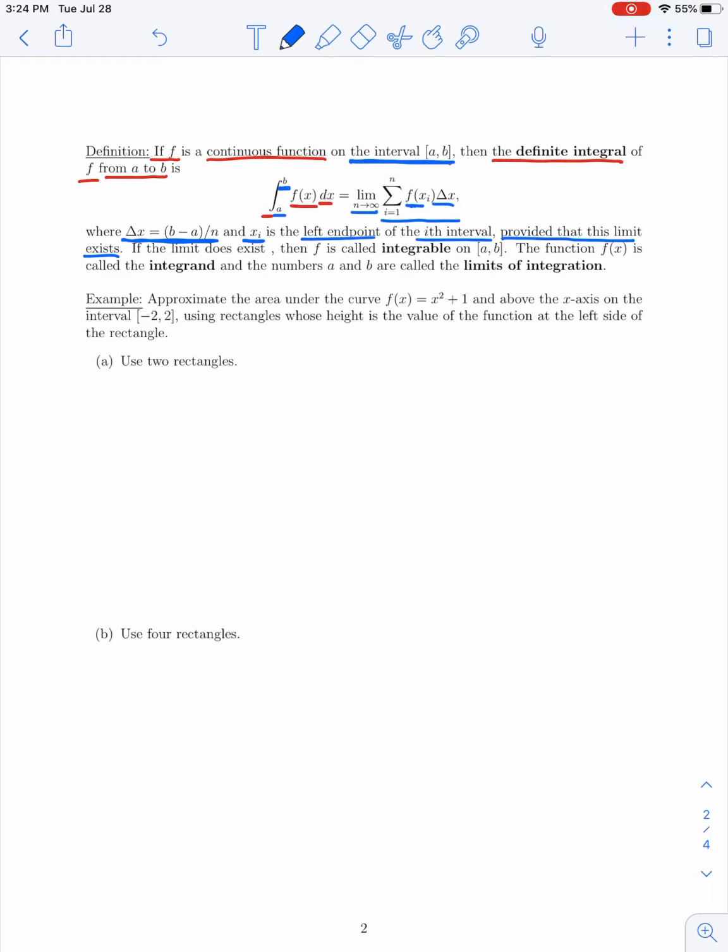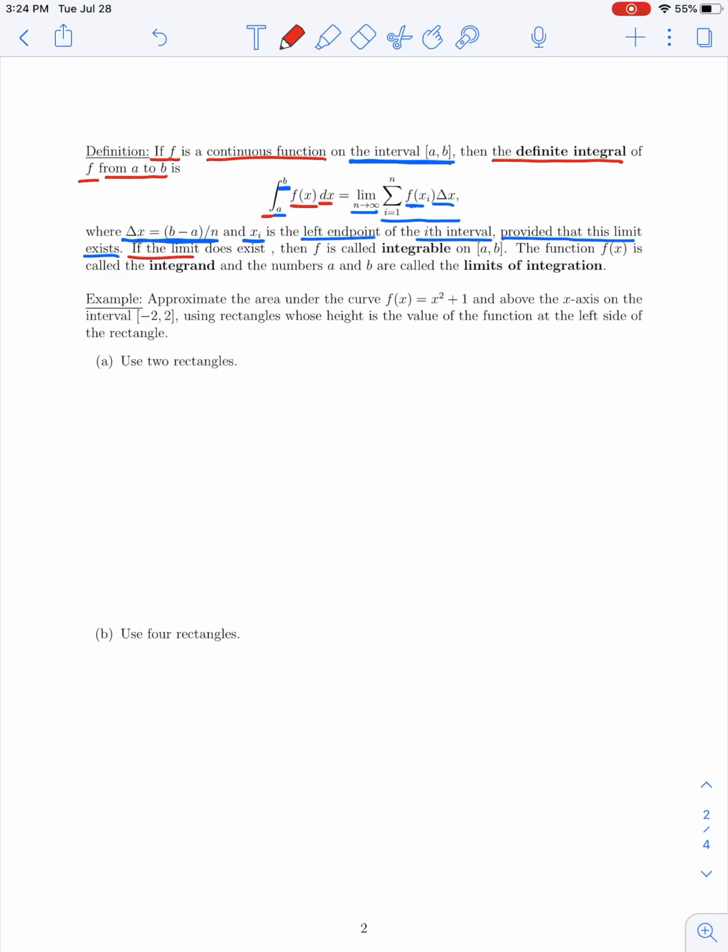So we now have a definition of the definite integral of a function from a to b, which represents the area under the graph of that function and above the x-axis over our x interval from a to b. Now a little more terminology here.